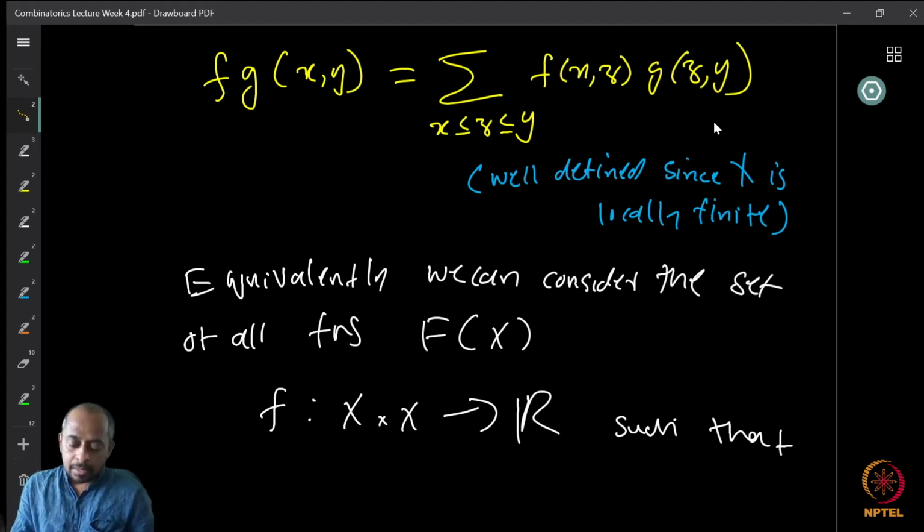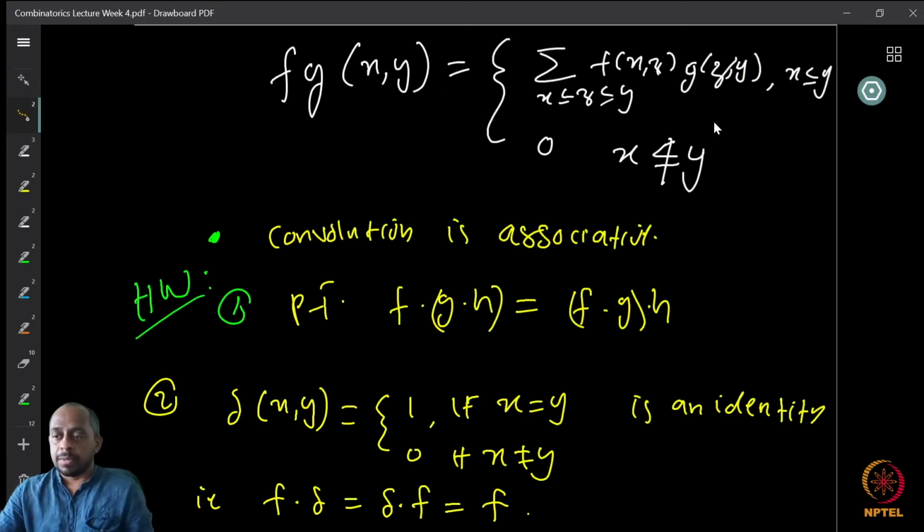Now, equivalently, instead of looking at this incidence algebra, we can just look at the set of all functions f(X) for our purpose. That is, the set of all functions f from X cross X to R, such that for two functions f and g, the convolution is defined by the summation over x less than or equal to z less than or equal to y of f(x, z) times g(z, y), whenever x is less than or equal to y, and 0 otherwise.